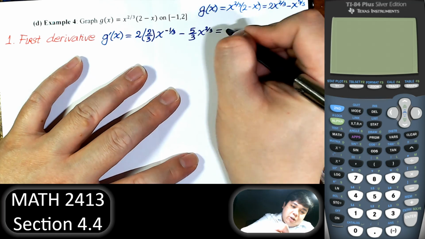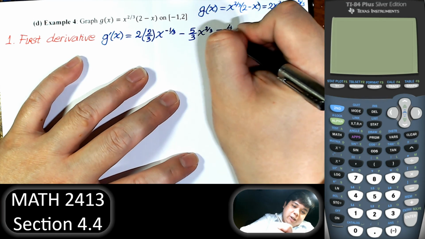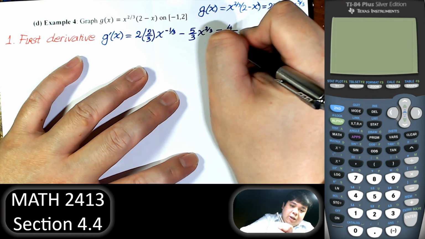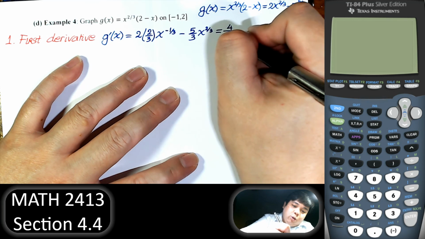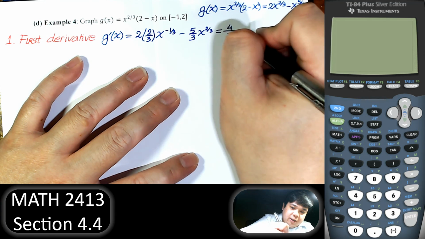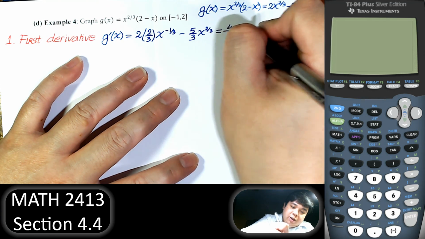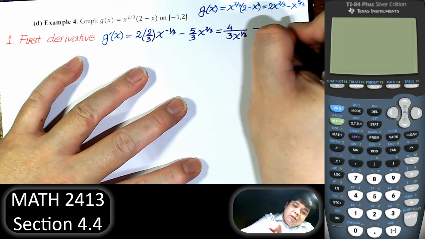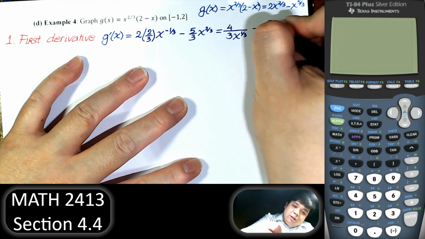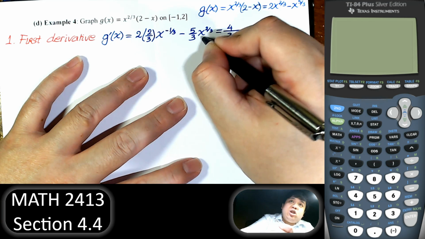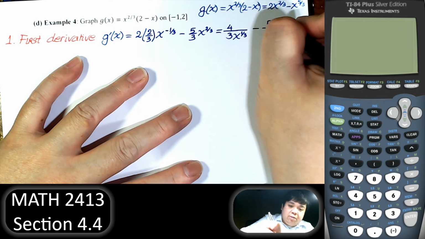So this will be equal to 4 over 3 x to the negative 1/3. I will move it to the bottom and turn it to positive, and then minus 5/3. The x to the 2/3 is positive, so it will stay on the top.